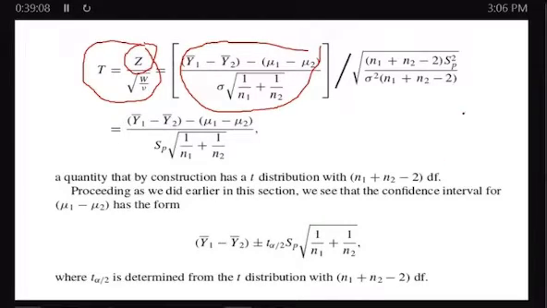Is there anyone who doesn't understand how we got here? What are we doing now? We're deriving the pivotal quantity for T. The pivotal quantity for T is the ratio of Z to the square root of W divided by V. Z follows a standard normal distribution. W follows a chi-square distribution with V degrees of freedom.